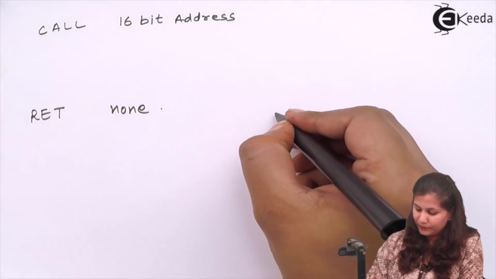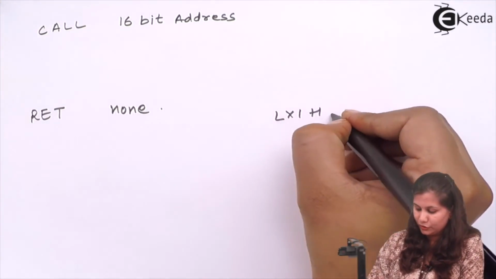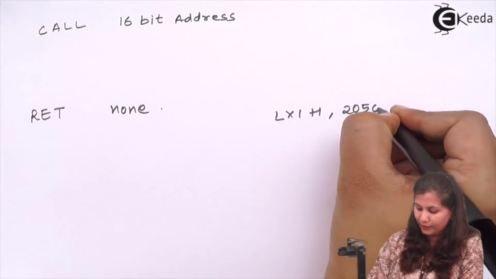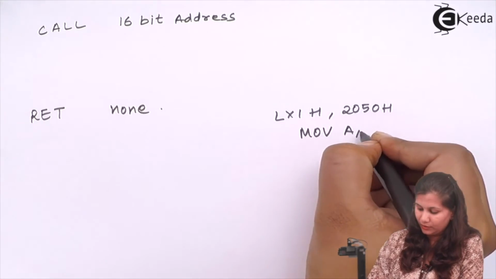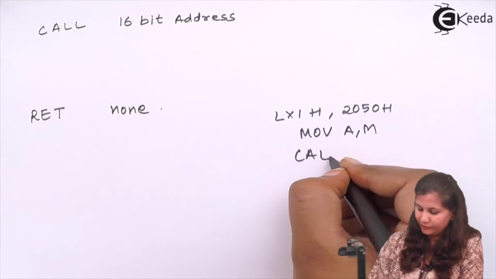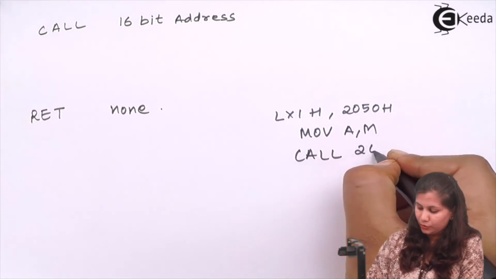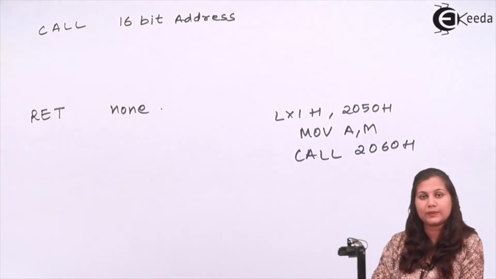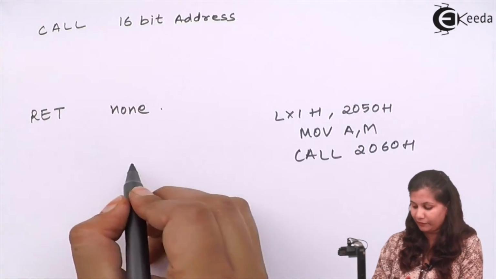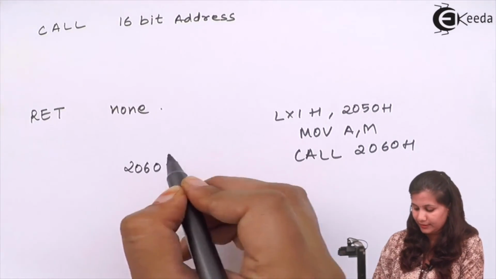Suppose we have LXI H, 2050H, and MOV A, M, and we have written here CALL 2060H.